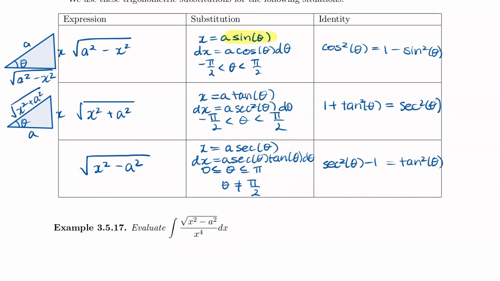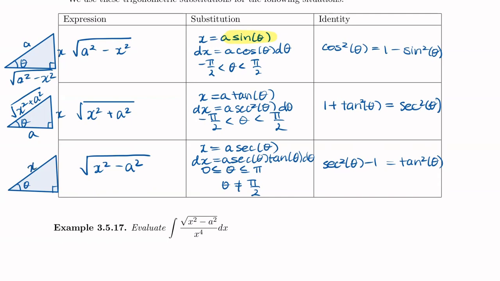All right. And as for the third triangle, if this is our angle theta, we have a right angle triangle. Since secant is the hypotenuse over the adjacent, the hypotenuse here is actually going to be the x.